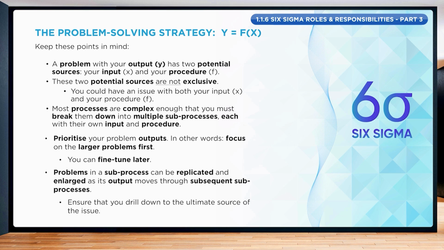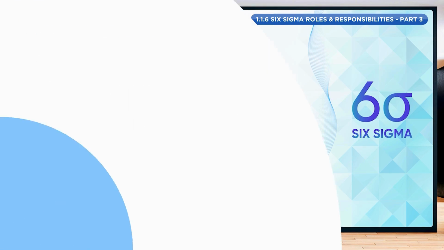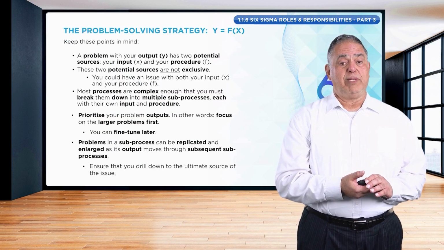Most processes are quite complex, so in order to negotiate them effectively, we may have to break them down into a sequence of sub-processes or process steps, as we call them. We have to prioritize the problem outputs.